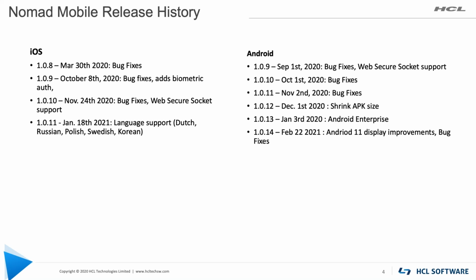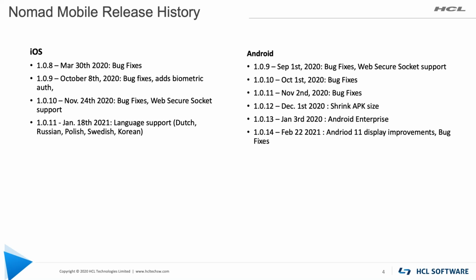And you see that there were a couple of enhancements done on both sides. For instance, the recent release on iOS, adding language support for Dutch, Russian, Polish, Swedish, Korean, and on the Android side, for instance, supporting Android Enterprise since January. These are important new additions.